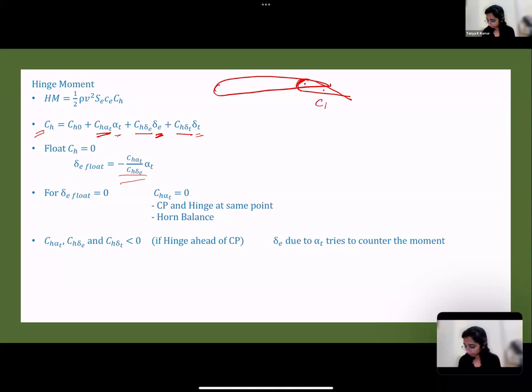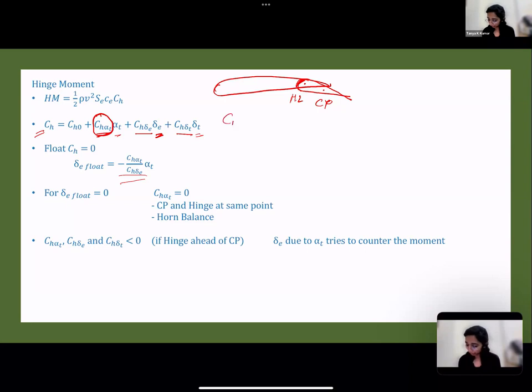This is your center of pressure. So because the forces are generated at the center of pressure and your hinge line is ahead of CP, that is why you have hinge moment on the hinge line. So now CH alpha tail, is it positive or negative? Negative. Can you try and tell me why?